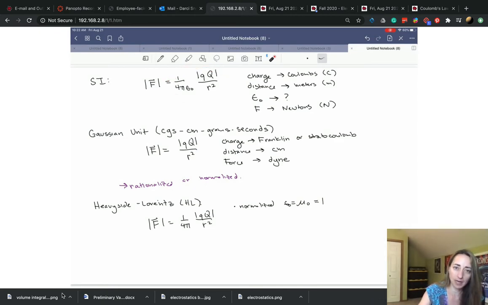The 1/4 pi in that constant, the reason why that's separated out from epsilon naught has to do with the fact that we're often going to be working in spherical units, and having a 1/4 pi in the equation kind of can normalize that spherical unit. It's convenient when you're working in spherical coordinate systems.